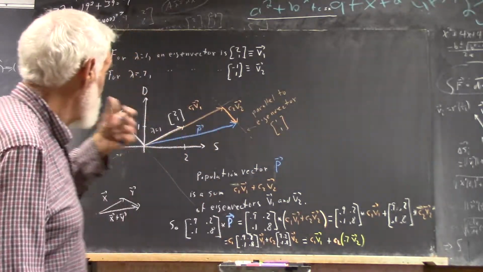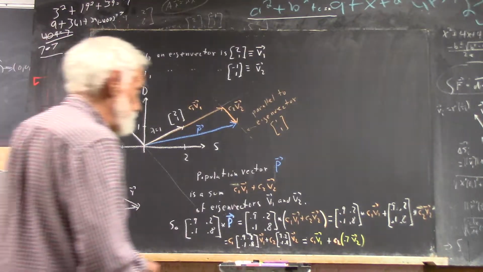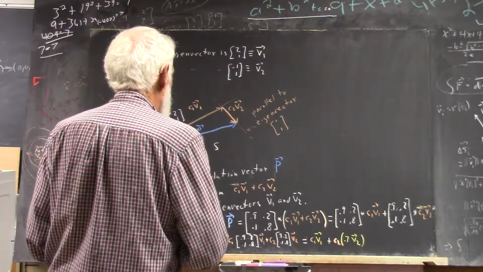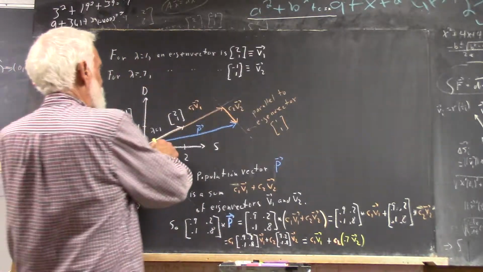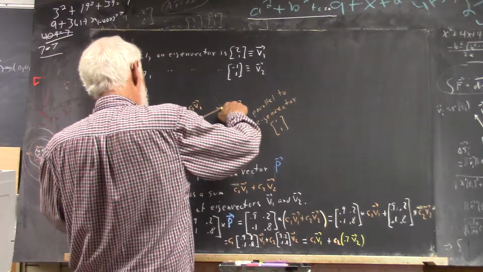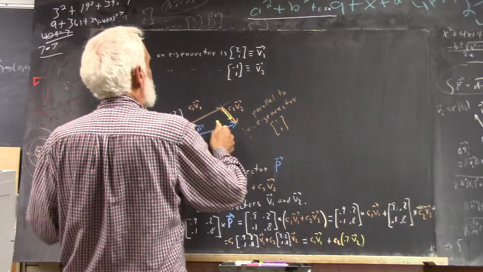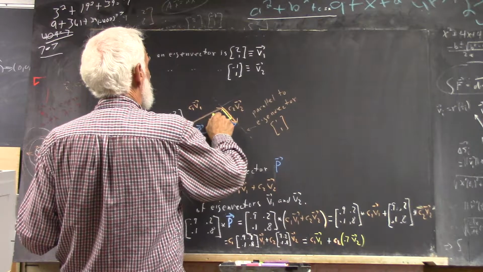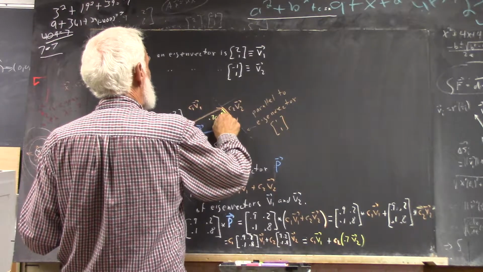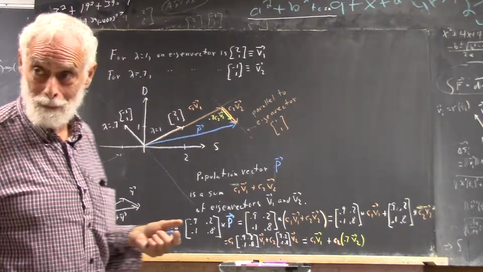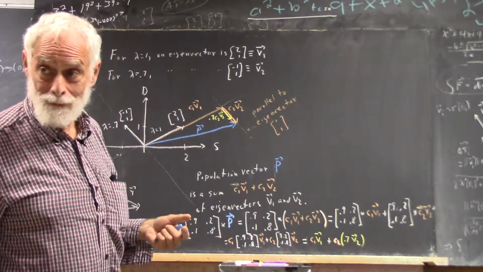And what does that mean in terms of this? Well, there's C2 V2, and here's C1 V1. Well, this is 0.7 C2 V2. Okay?